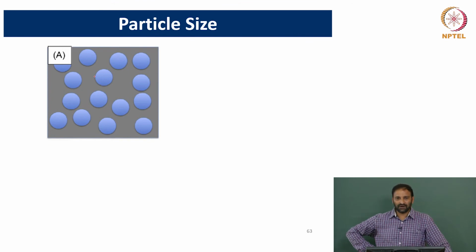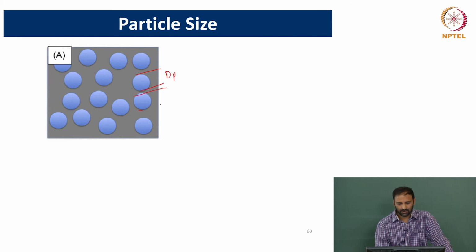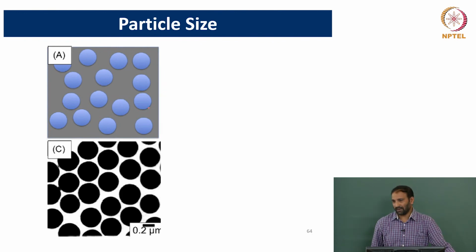These are particles that look to be of the very same size, right? The diameter of each particle looks exactly the same. And of course, you can make such particles in the lab.